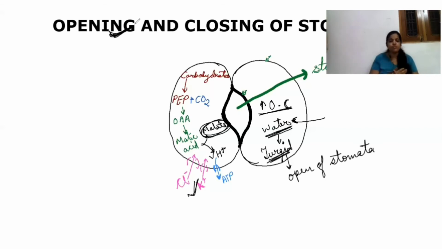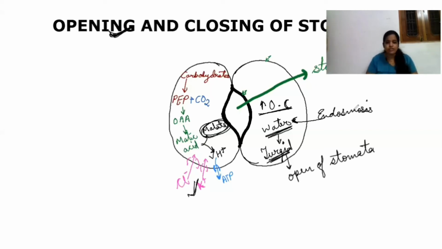Endosmosis will occur. Water is entering. I have discussed endosmosis, and I'll share the link in the description, along with the link for the photosynthesis dark reactions, so please watch that if you haven't watched it yet.